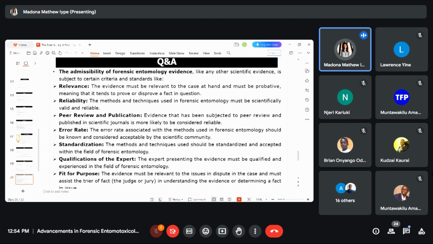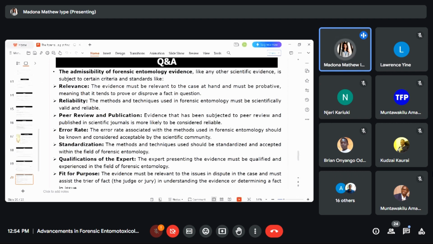And then the qualification of the expert who is giving the opinion regarding the forensic entomological evidence should clearly show the eligibility, with the experience and qualifications to give clear ideas and descriptions related to the forensic entomological evidence. So the qualification of the expert is also counted.